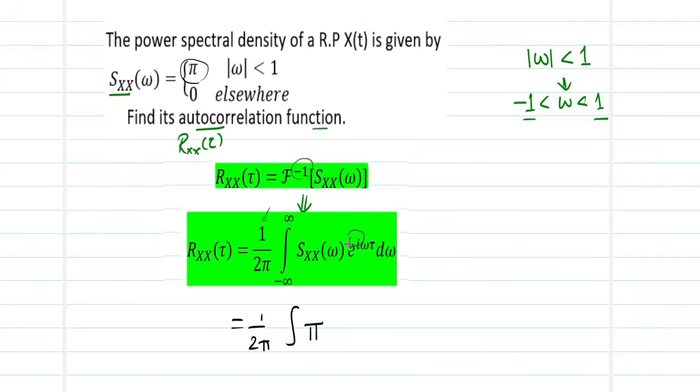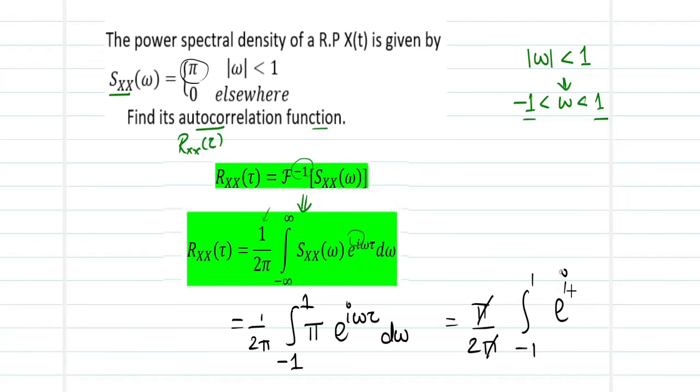This constant is not going to affect the exponential in any way, so we keep e power i omega tau d omega. This pi varies between minus 1 and 1. Being a mere constant, pi can be taken outside and cancelled with the one over here. So I have integral from minus 1 to 1 of e power i omega tau d omega.